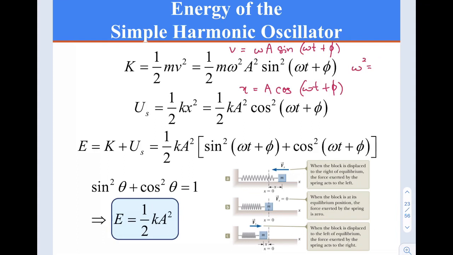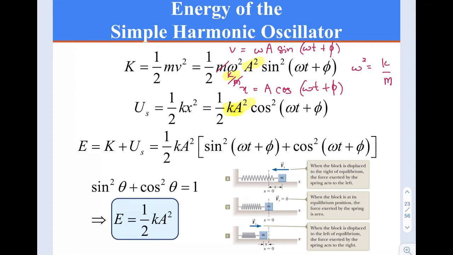Omega squared is equivalent to k over m. So if you want to substitute the omega, you may substitute k over m here and here. Then you're going to cancel out the m, and you're left with kA squared here, and also kA squared here. Then you're going to factorize and place the kA squared outside.